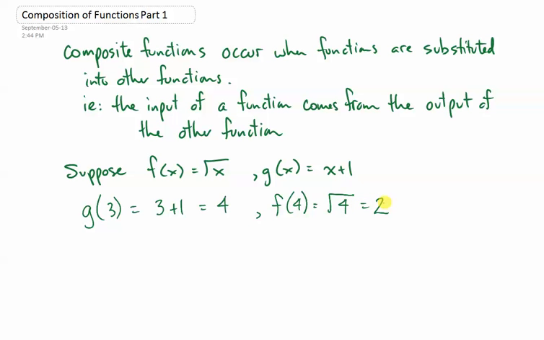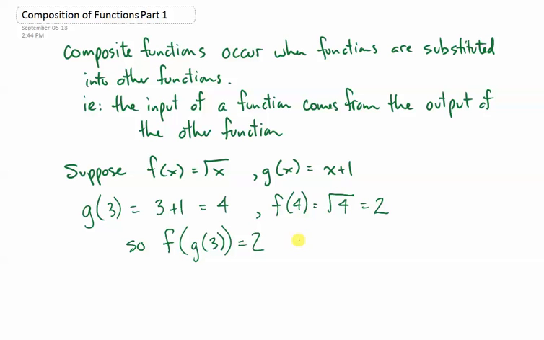Now, what this tells us is that the function f with the function g with the value 3 substituted equals 2. What I've done again is I've substituted the number 3 into the function g, got the result of that, and that became an input in the function f.